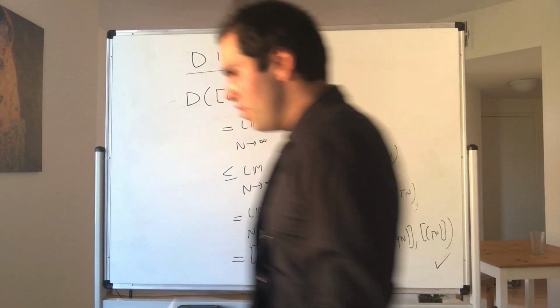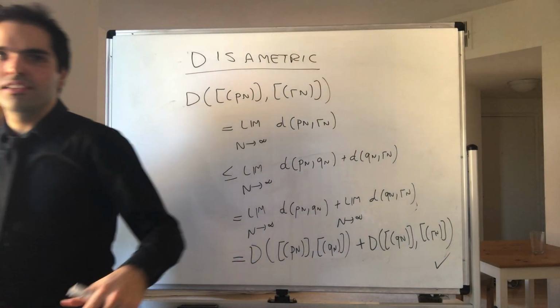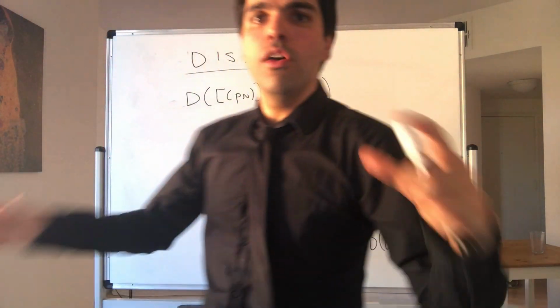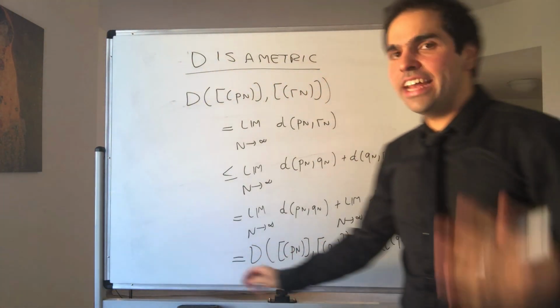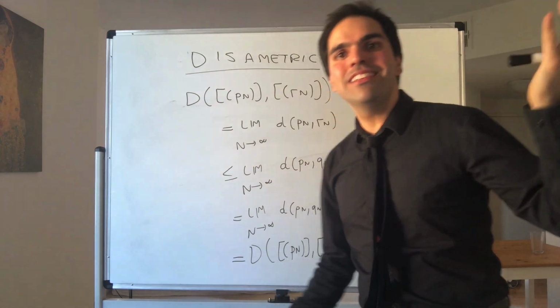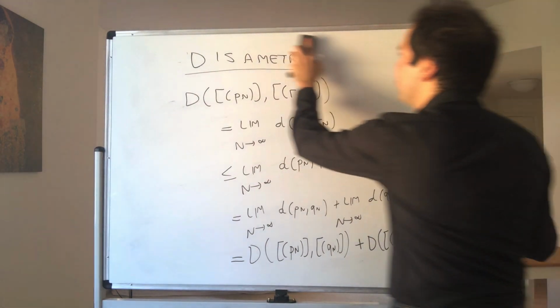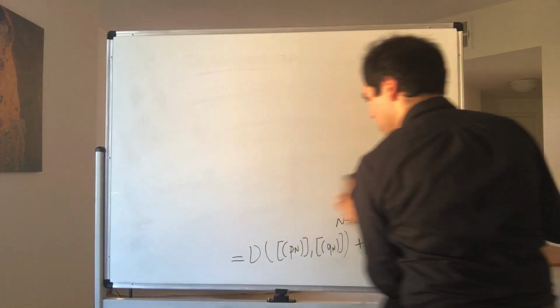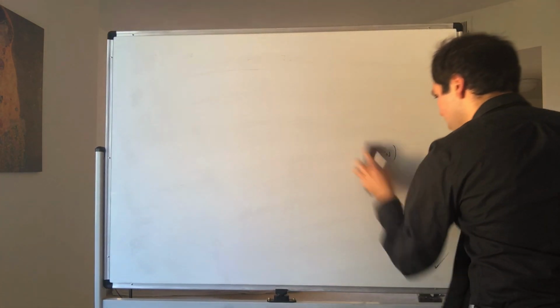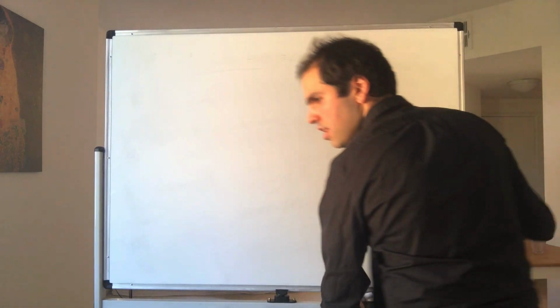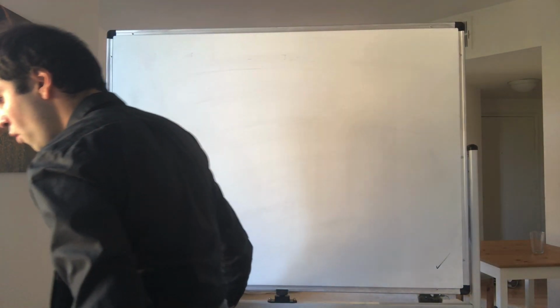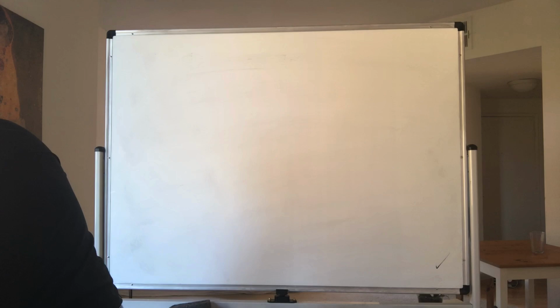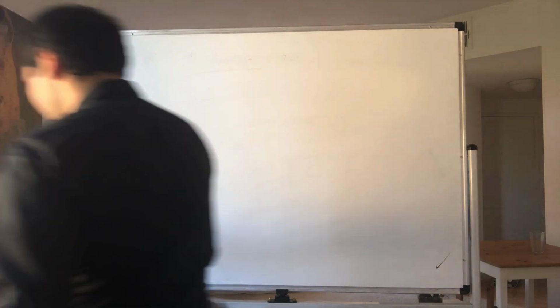All right, so what do we have? We have this space S prime with the metric D, and now we want to show that this space S prime actually solves our problem. So what's next to show? Well, what do you want to say? Yes.